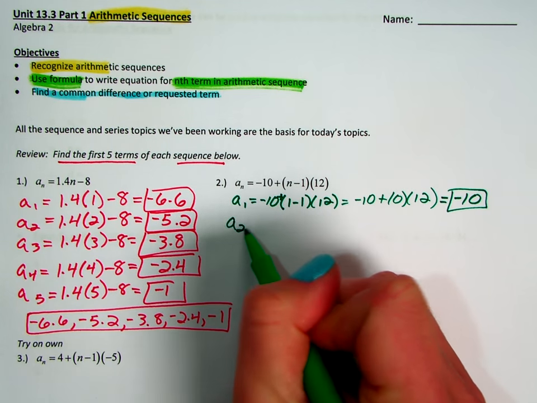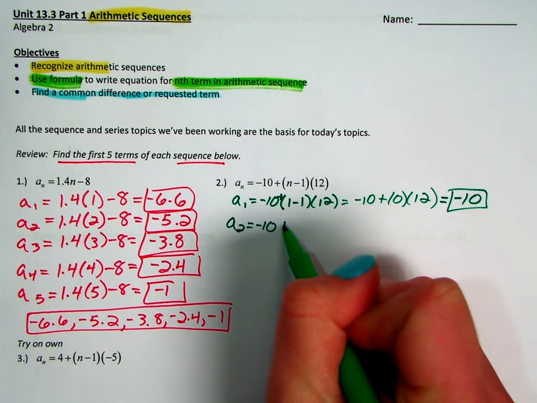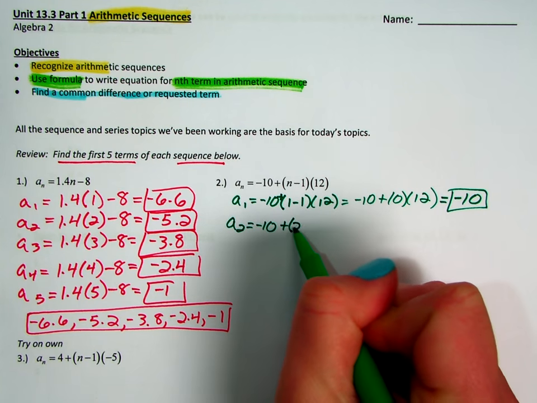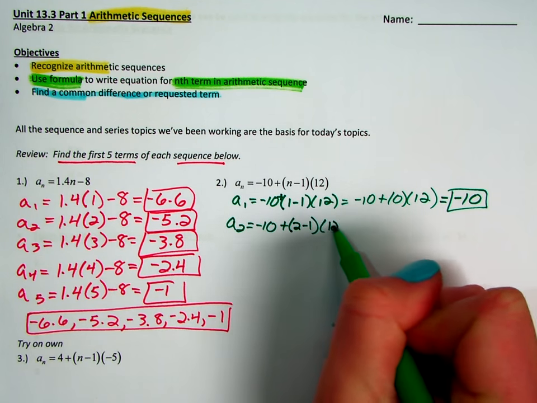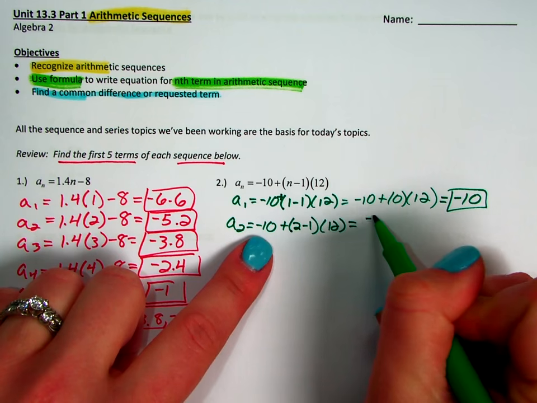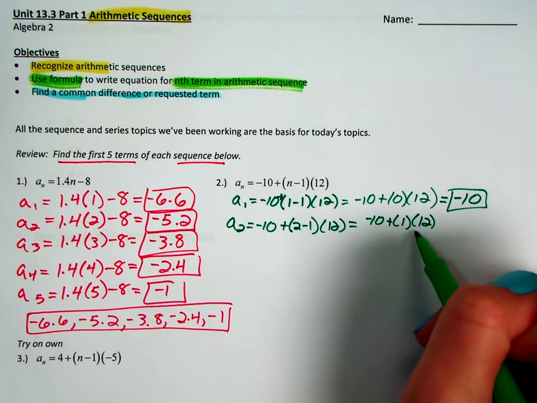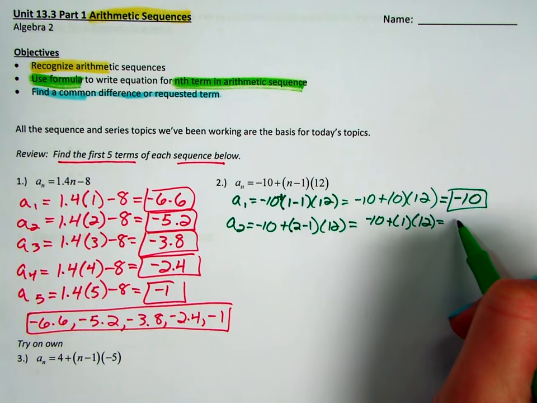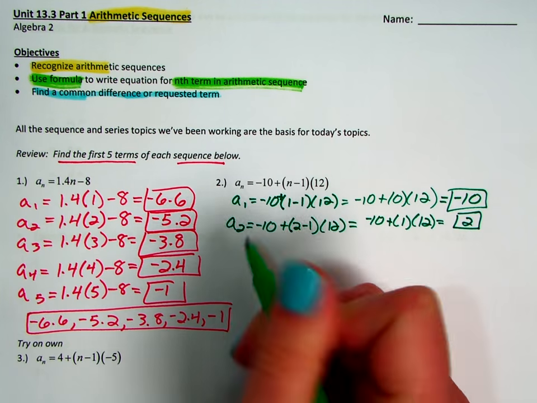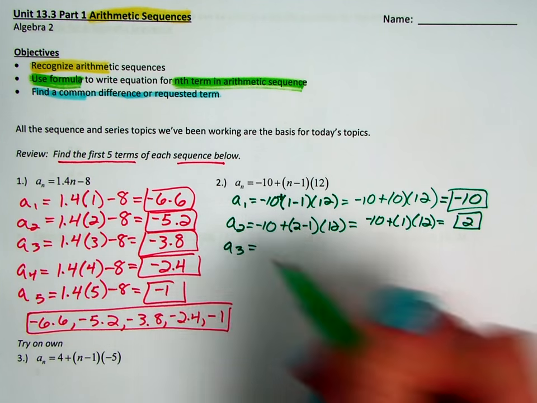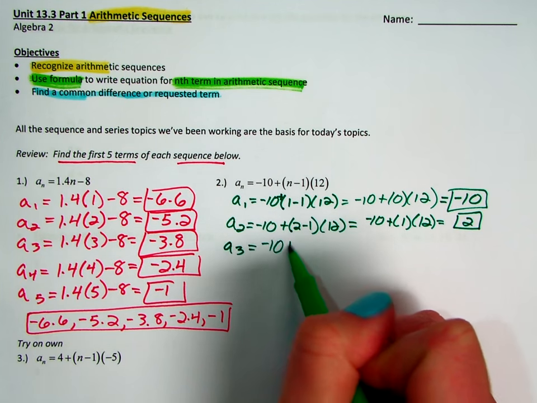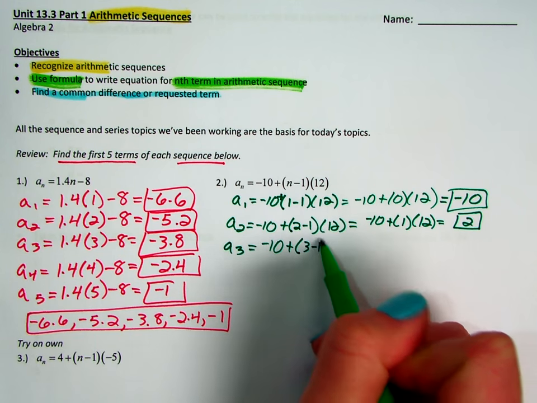Then for our second term, negative 10 plus, instead of n we're going to do 2 minus 1 times 12. So that would be negative 10 plus 2 minus 1 is 1 times 12. That would be 12, and 12 plus a negative 10 would be 2. And then for the third term, negative 10 plus 3 minus 1 times 12.